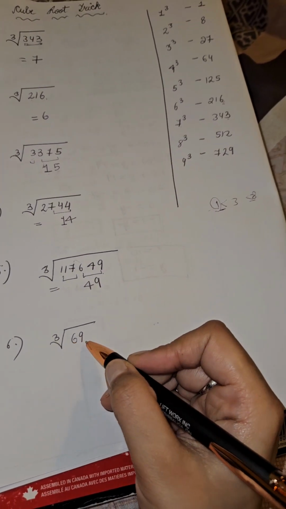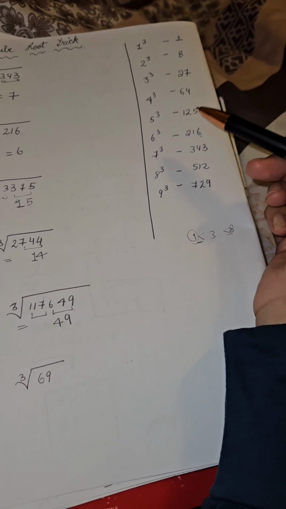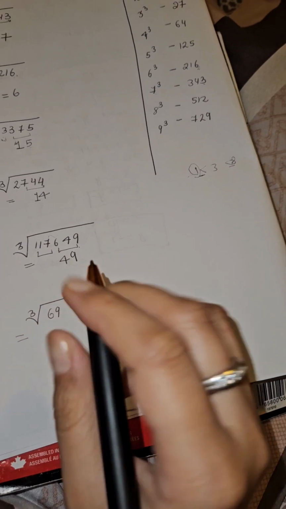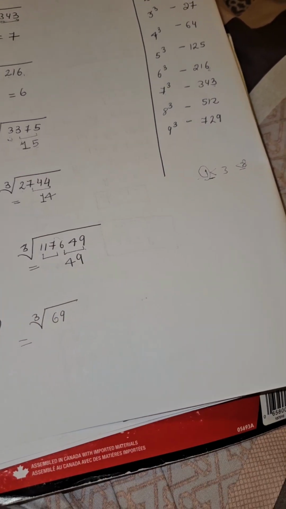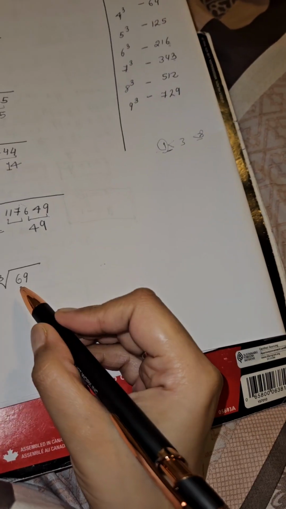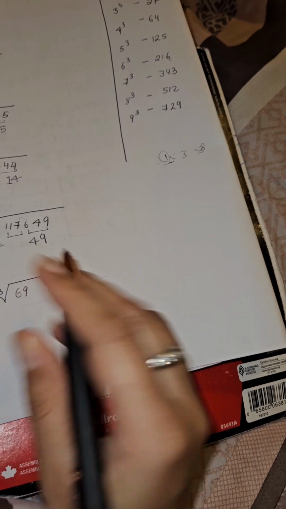But what if we don't have a perfect cube? 69 is not a perfect cube. So what's the way of finding its cube root without doing long calculations? We can just focus on the perfect cube closer to it.